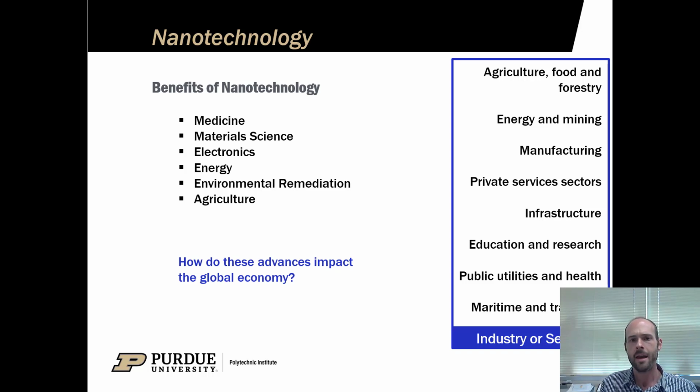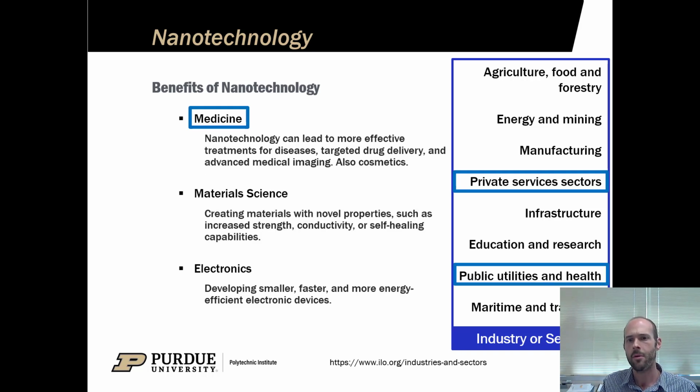And so a lot of the benefits of applications were involved in medicine and material science, electronics, energy, environmental remediation. We'll talk about those in more detail in a moment. So zooming in a little bit, in medicine, you can have more effective drugs, drug delivery, targeting of specific diseases or viruses, interaction with cells at an individual cellular scale.